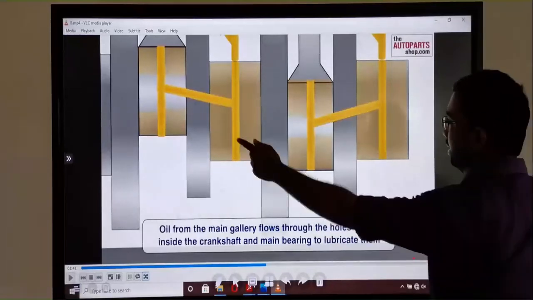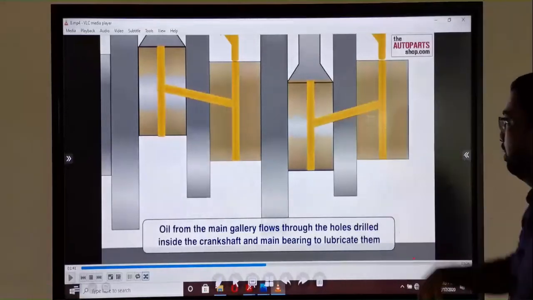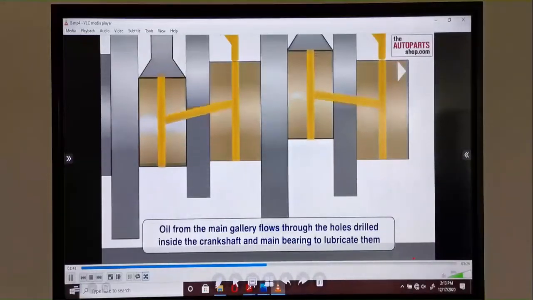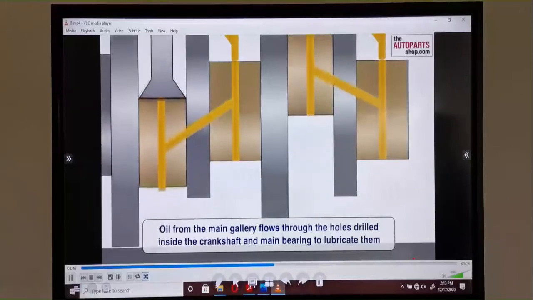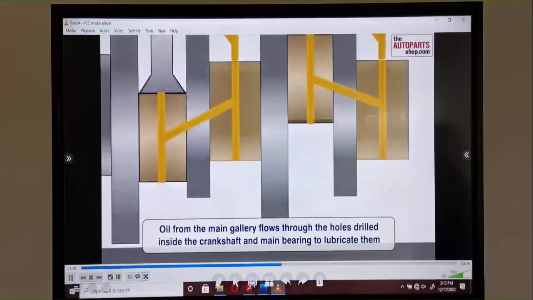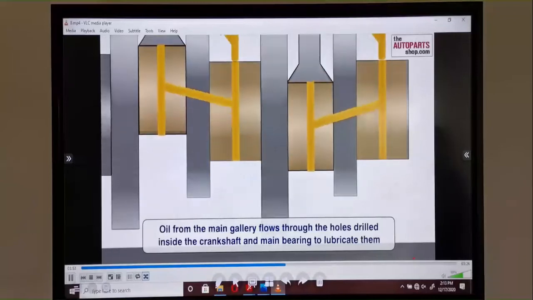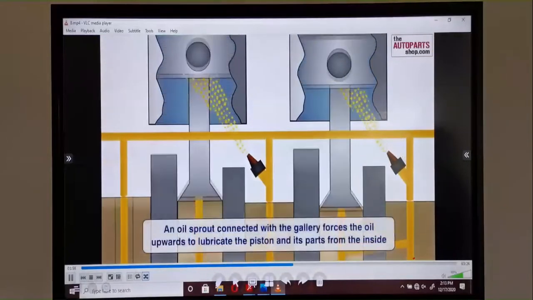The crankshaft is a continuous shaft, not broken like this. This is an animation. Okay, so the main bearing, the crankshaft bearing, will locate the sprout.